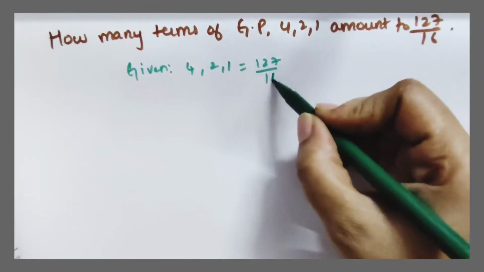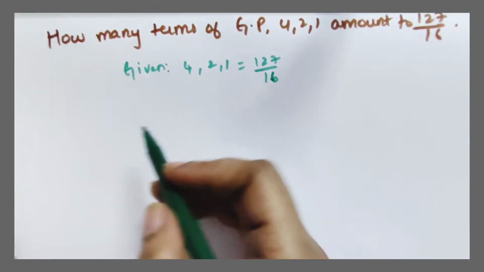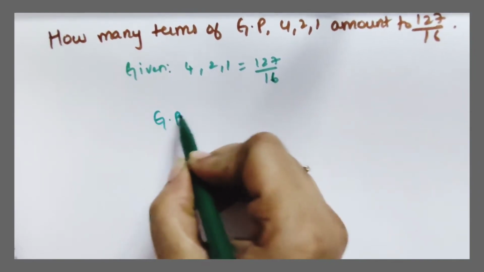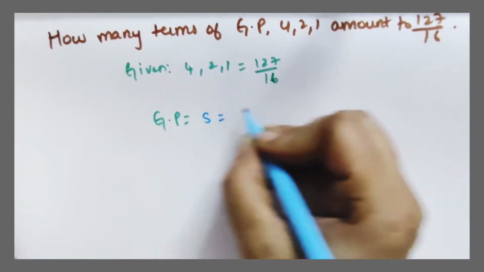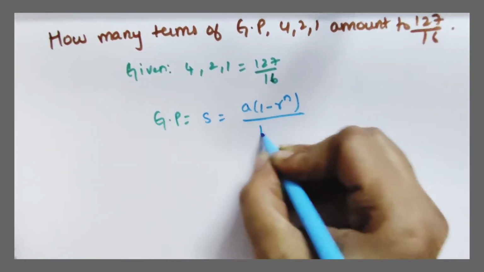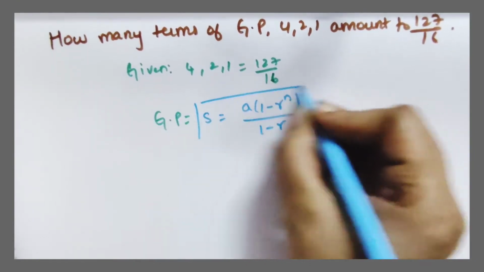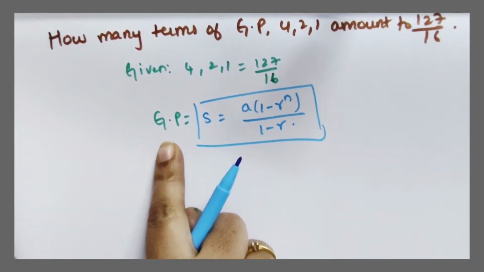How to find this: in GPs, the sum of the terms in GP, the formula is S is equal to A into 1 minus R power n divided by 1 minus R. This is the formula for finding the sum of the terms in a GP.